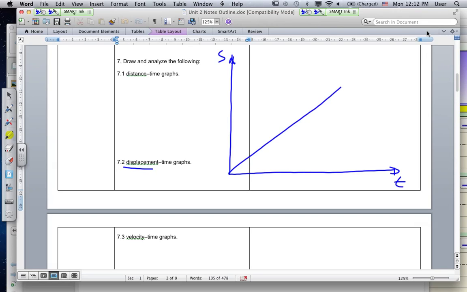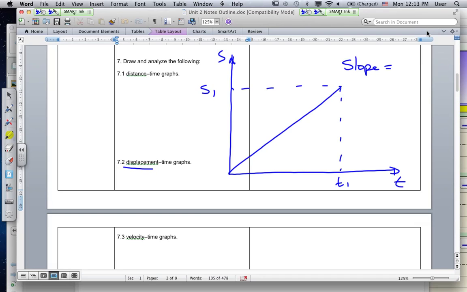If I've got a straight line like that, with time t1 and a distance s1, what would the slope of my graph equal? What would the slope of that graph be telling you?